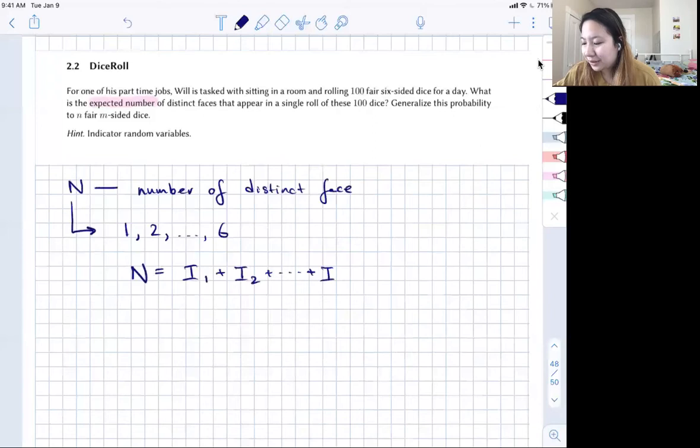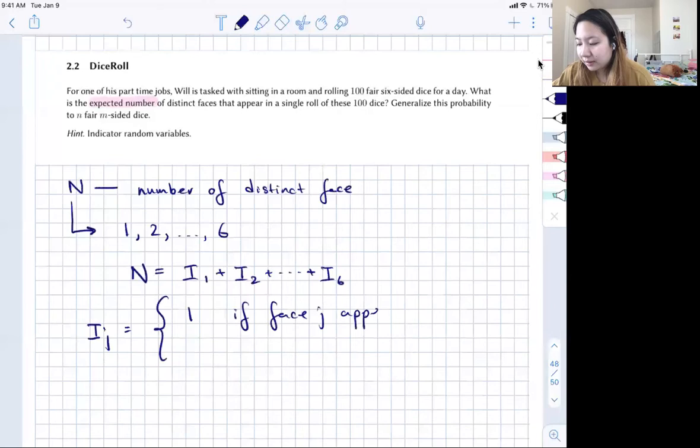So I1, I2, ... I6. And let's let I sub j be defined as 1 if face j appears in the rolls, and 0 else. So for indicator random variable problems, I like to first, as you've seen here, define the random variable in words.